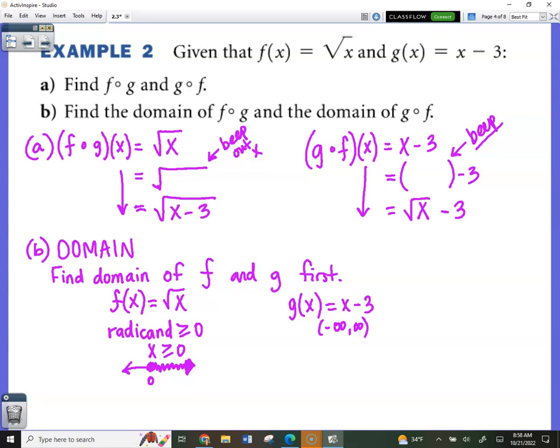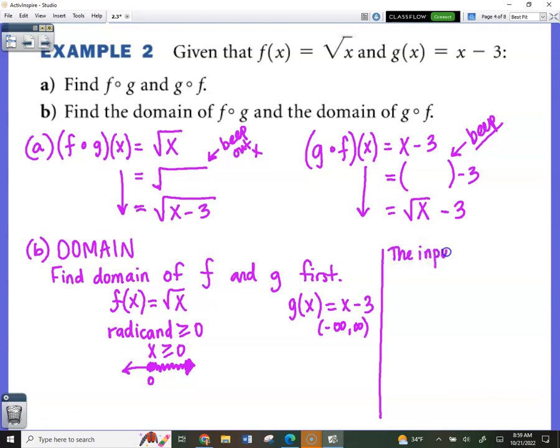Okay, so now we found just f and just g. Now we're going to find the domain of f of g and the domain of g of f. Let's make a note.